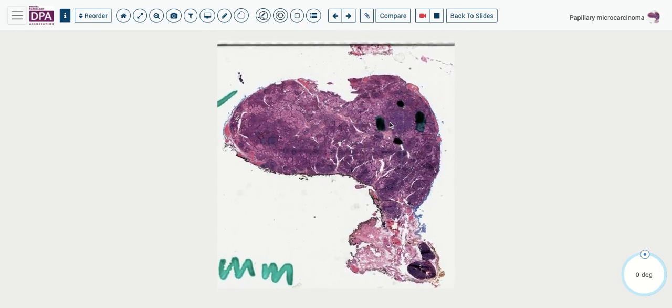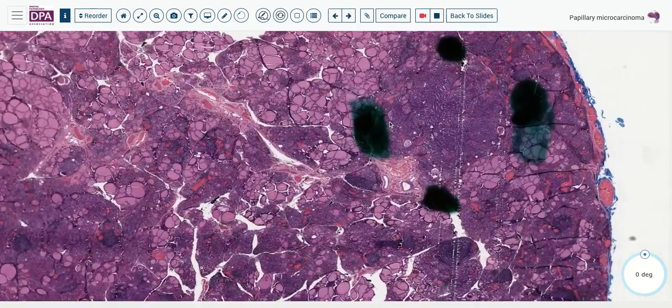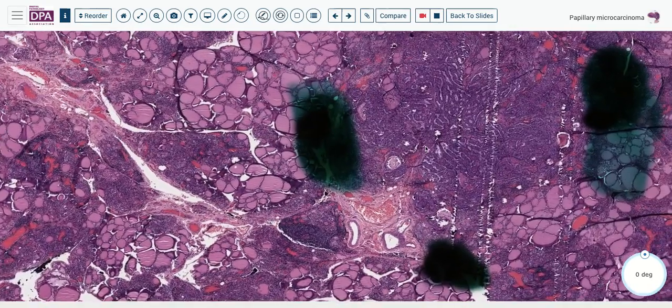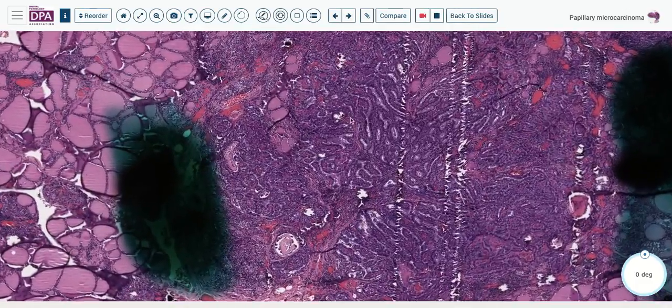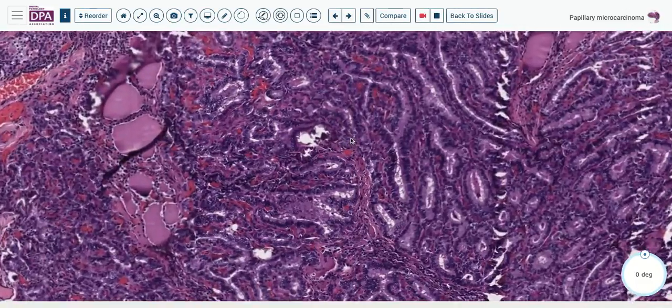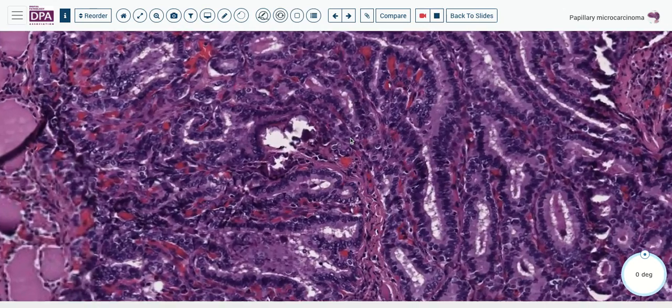And we can see here at low magnification, the initial review has delineated this lesion as being right here, measuring that on their microscope as less than 10 millimeters.